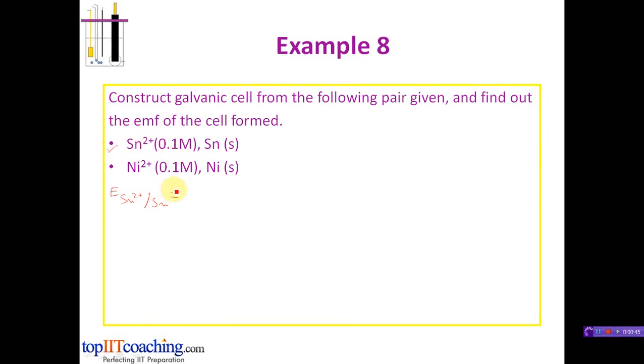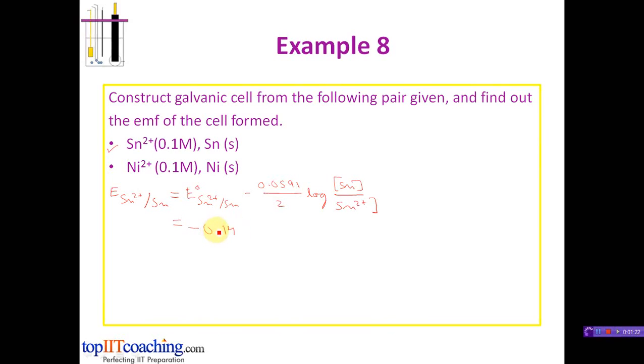So EMF for the first half cell, that is this one, will be E0 Sn2+/Sn minus 0.0591 divided by 2, since Sn2+ will require 2 electrons to form Sn, log Sn divided by Sn2+.